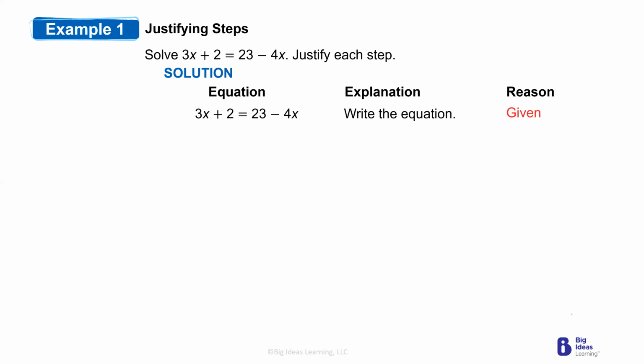So first, to start off, the equation: this is what I want you to write on line 1. So this over here is going to be line 1 for our side that says statements. Over here, for reason, this would be our number 1 for our first reason. You don't have to write this part in the middle.